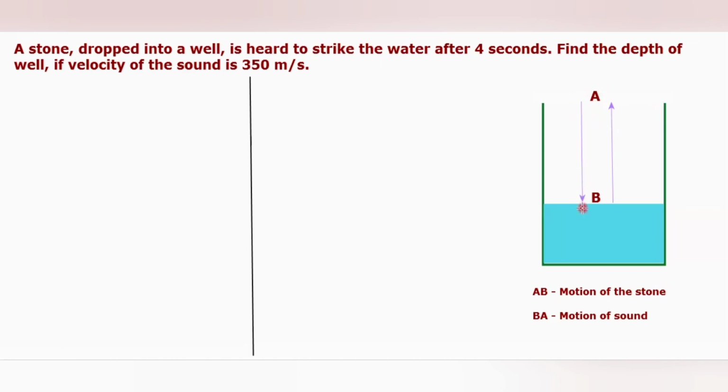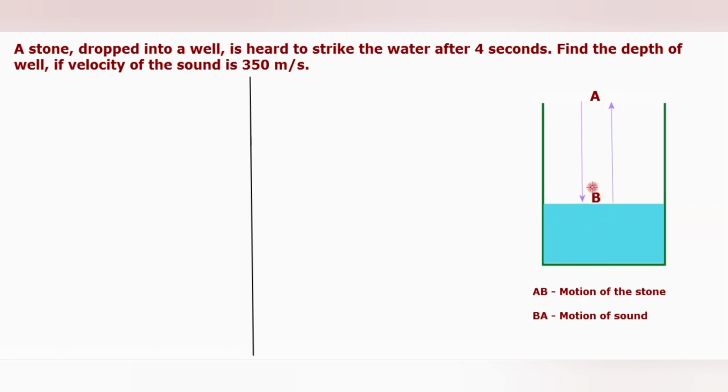Here AB is the motion of the stone. Point A, it is dropped. Point B, it strikes the water and creates the striking sound. The BA, the upward motion shown here, is the motion of the sound.